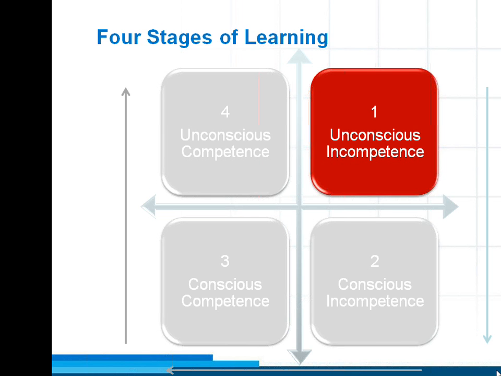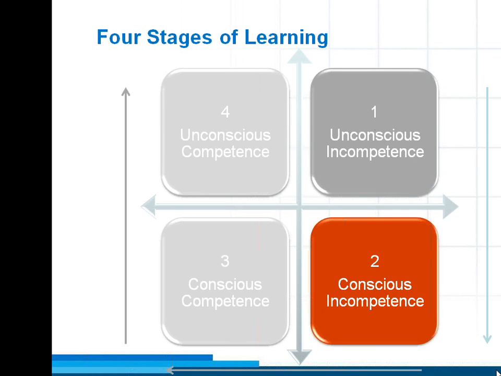But when we try it out, or when we become aware of the situation, we move to the next stage called conscious incompetence. When you try to do an activity, when you try to perform, you become conscious of what is really involved in performing.